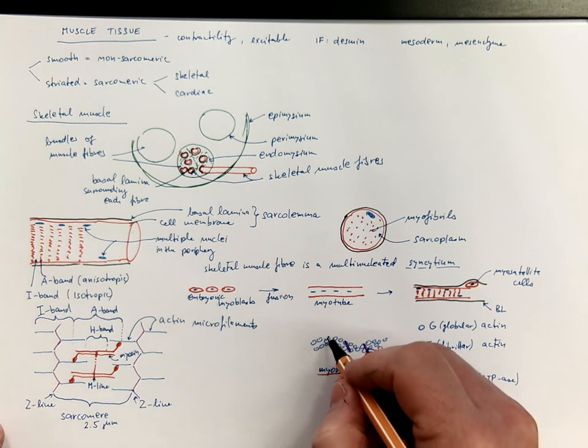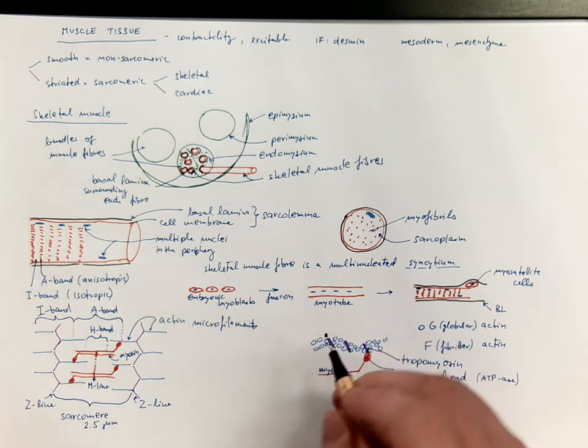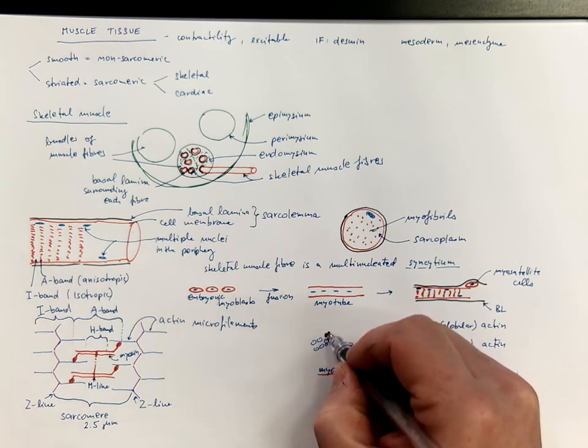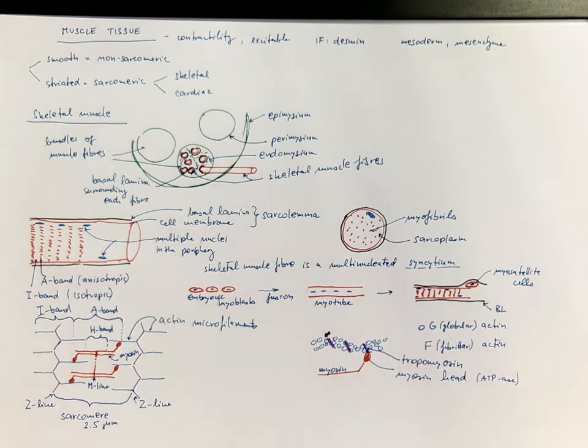However, there is another protein called troponin with 3 subunits, 1, 2, 3.